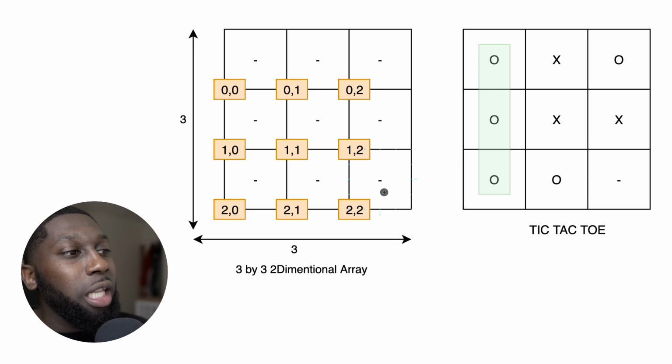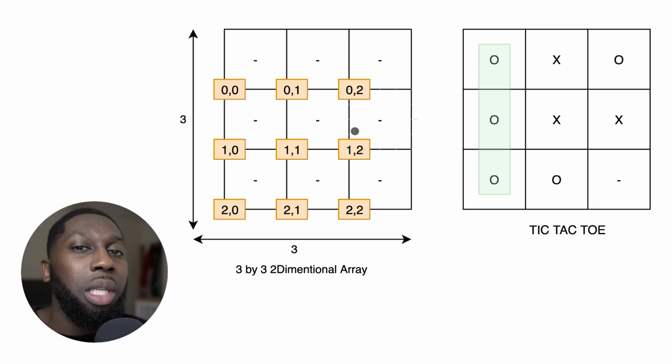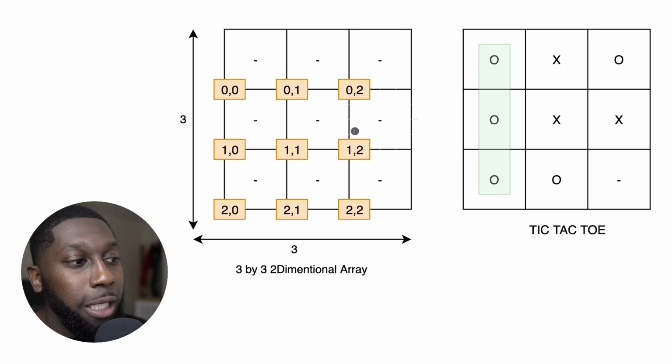Now, a 2D array is basically two-dimensional, on the y-axis and x-axis, so it goes up and down. If you want to build applications that make use of a grid, then you should use 2D arrays.